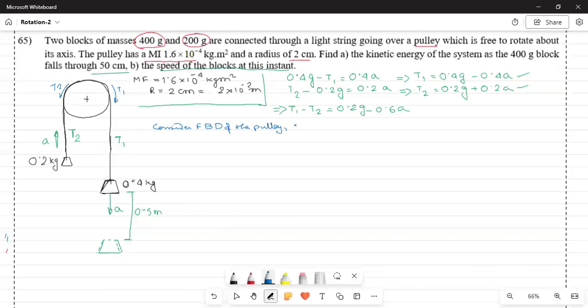So net torque is equal to T1 minus T2 multiplied by the distance from the center, which is R. This (T1 minus T2) R has to be equal to the moment of inertia I into angular acceleration alpha.